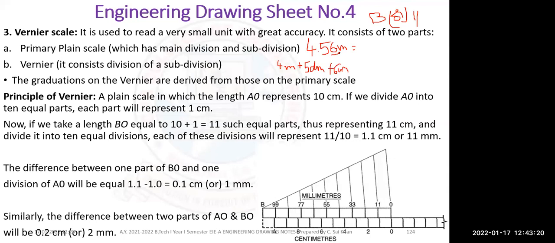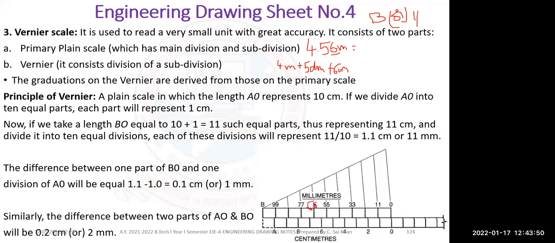Tell me where the last digit 6 comes in the 11th table as a single digit. Okay, so it will come at the 66.